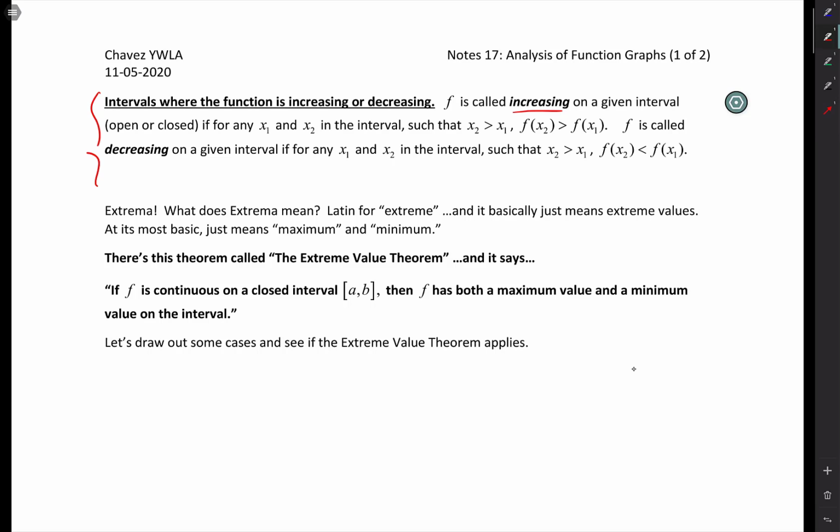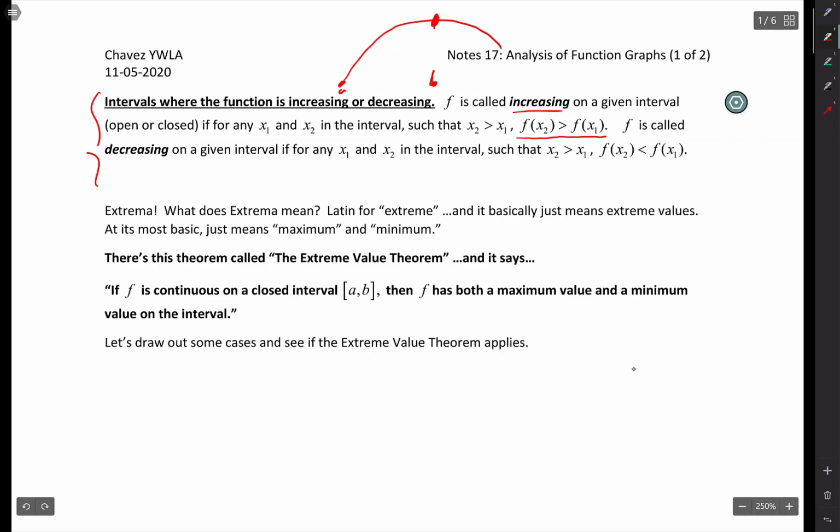Now, I'm just going to make something up really quick. So I'm going to have a point here. I'm just going to say, look, I'm going up and I'm going down. I'm going to call this point A and I'm going to call this point B. By definition, if I were to ask you what are my x coordinates where I'm increasing, you're probably saying, well, at B, you're not increasing or decreasing, it's flat. But that's not what the definition is saying.